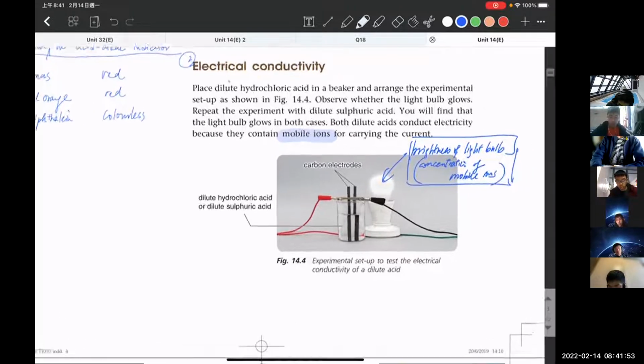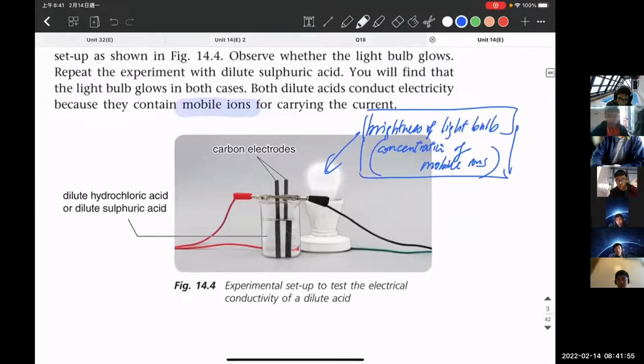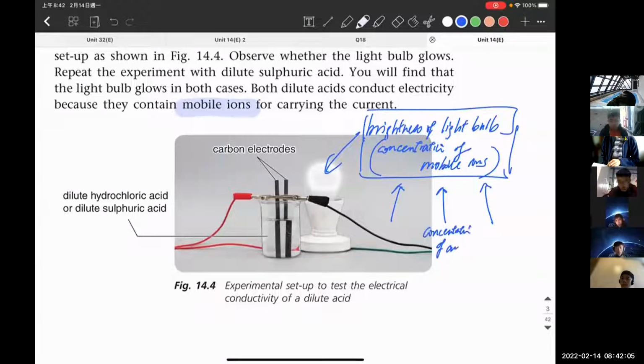So the concentration of mobile ion will depend on 3 factors. Number 1, concentration of acid. The higher the concentration of acid, for example, 1 molar HCl versus 2 molar of HCl, of course, the latter is of higher concentration. You all got it?